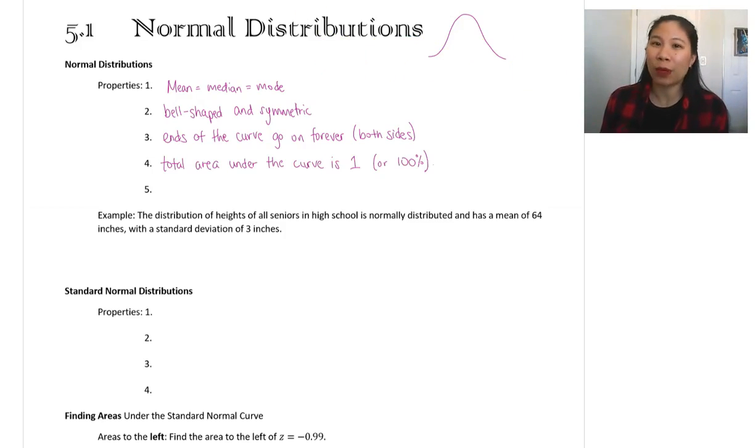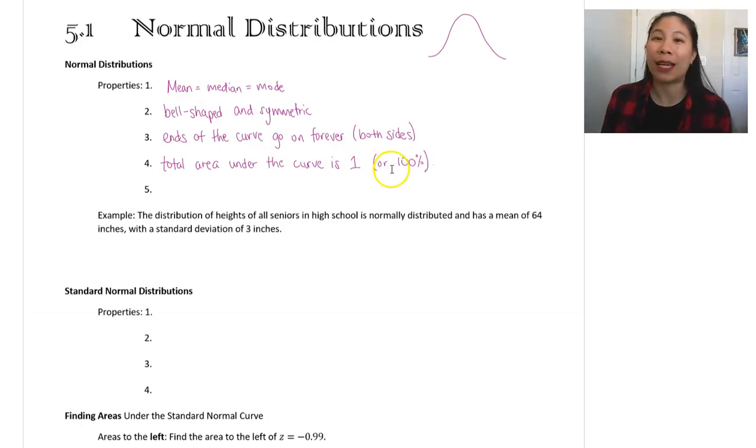This fourth property is probably going to be the most important for us because when we first looked at normal curves, this was when we were doing the empirical rule. There were these percentages with the 68%, the 95%, the 99.7% rules. The main thing here is if we were to shade the entire normal curve and everything under it, then the total area is 1.